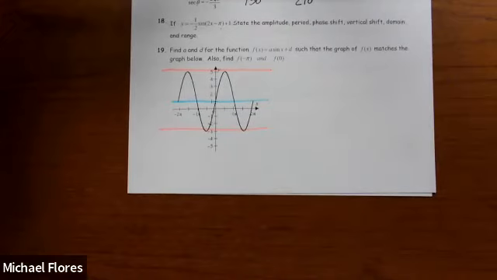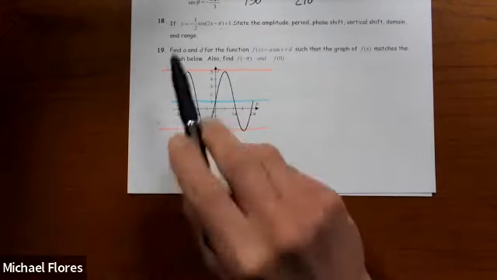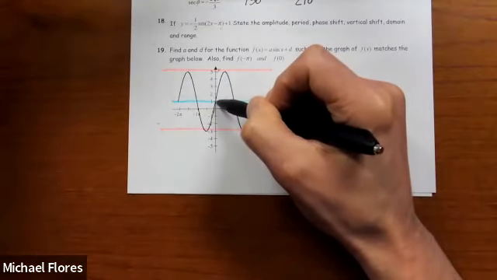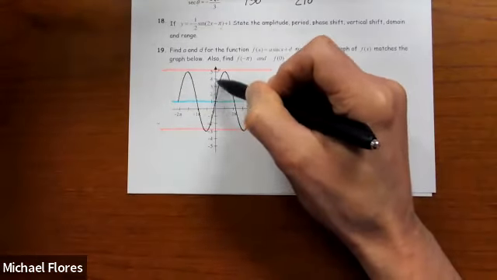So if we now need to find a, that's amplitude. From the midline, it took us 1, 2, 3, 4 boxes to get to the top bumper and 1, 2, 3, 4 boxes to get to the bottom bumper. Therefore, our a value is 4. D, that is vertical shift from the x-axis. It's also your midline. Our midline is 1. So d is positive 1.